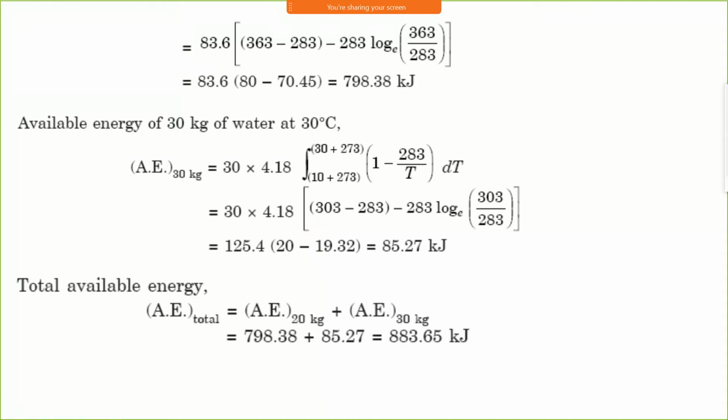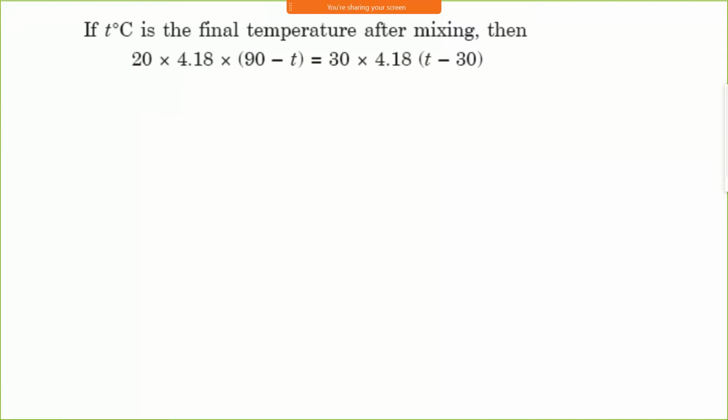Now the total available energy is equal to the available energy of 20 kg of water plus the available energy of 30 kg of water. We have to add it. Therefore, 883.65 is the total available energy, the total available energy when the water was not mixed. Now we have to mix the water.